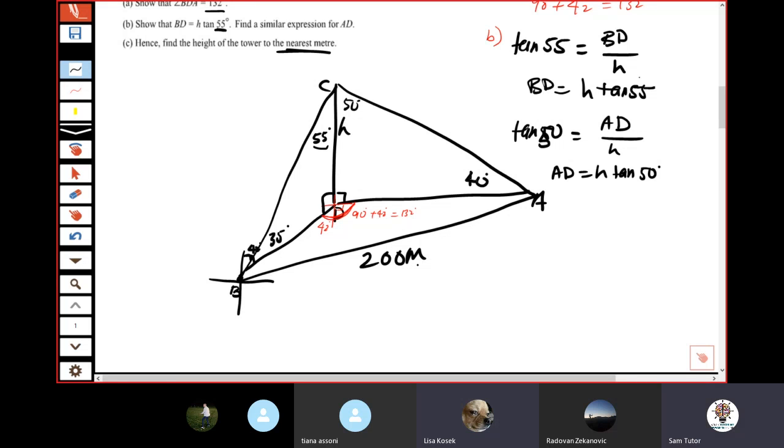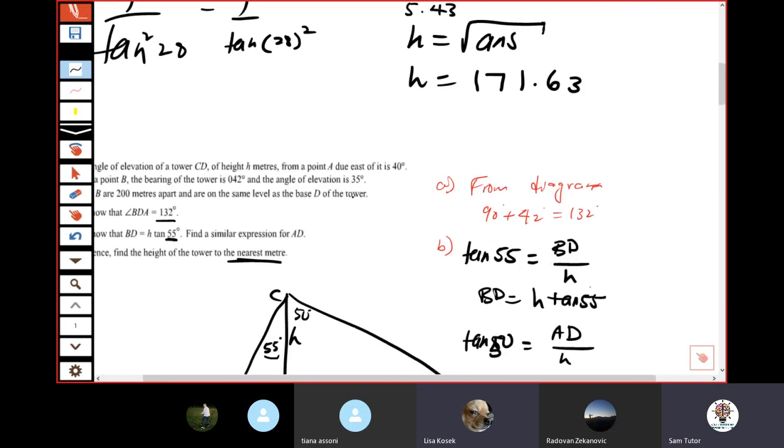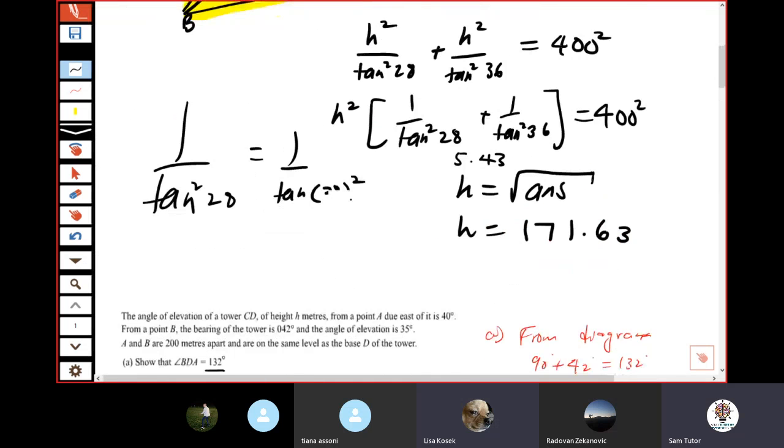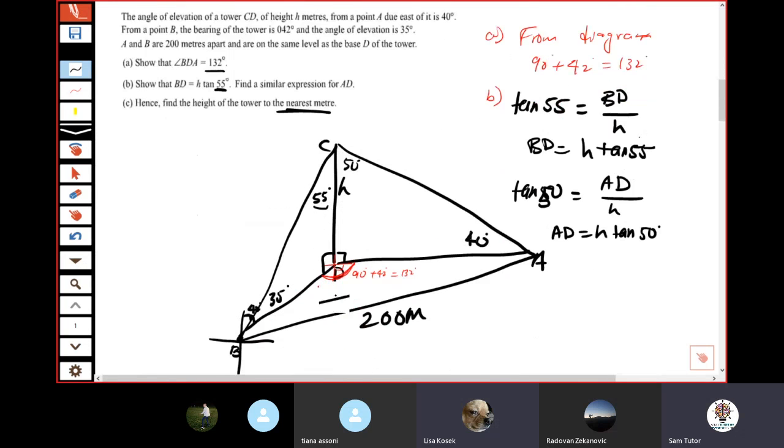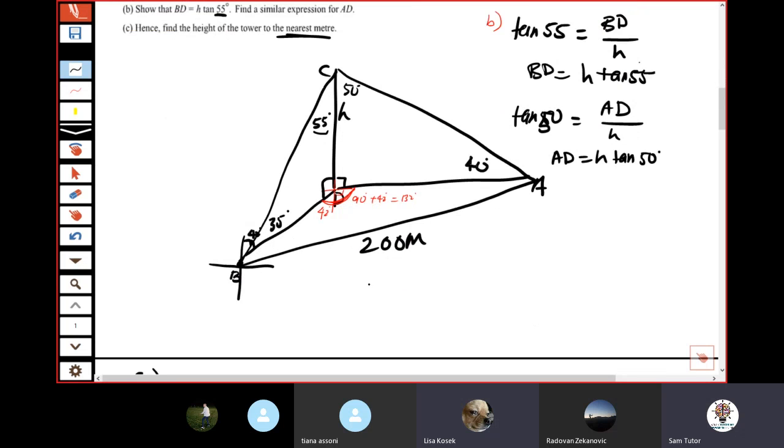That won't work in this case, and why won't it work? When are you allowed to use the formula you just said? What formula did you just use? Pythagoras. Yeah, that guy. Okay. When are you allowed to use his theorem? What kind of triangle?